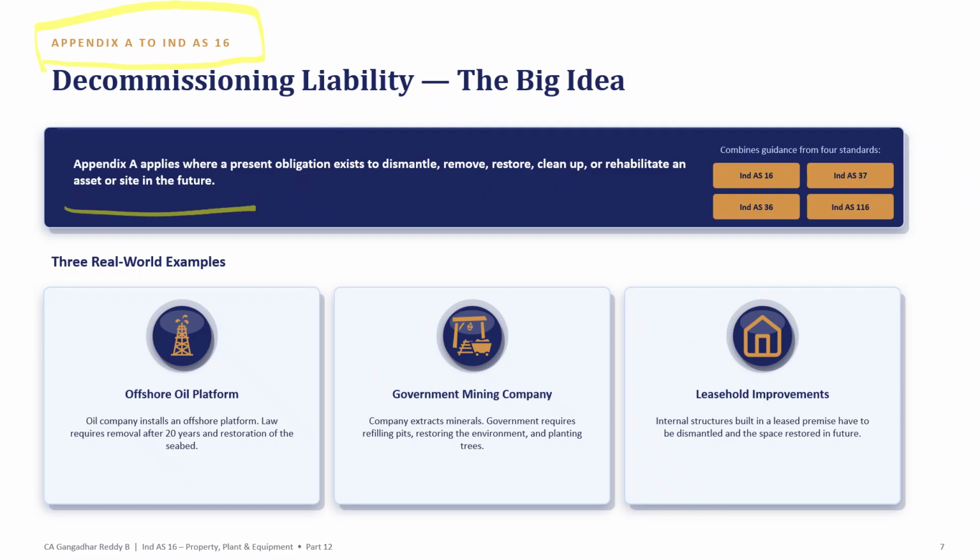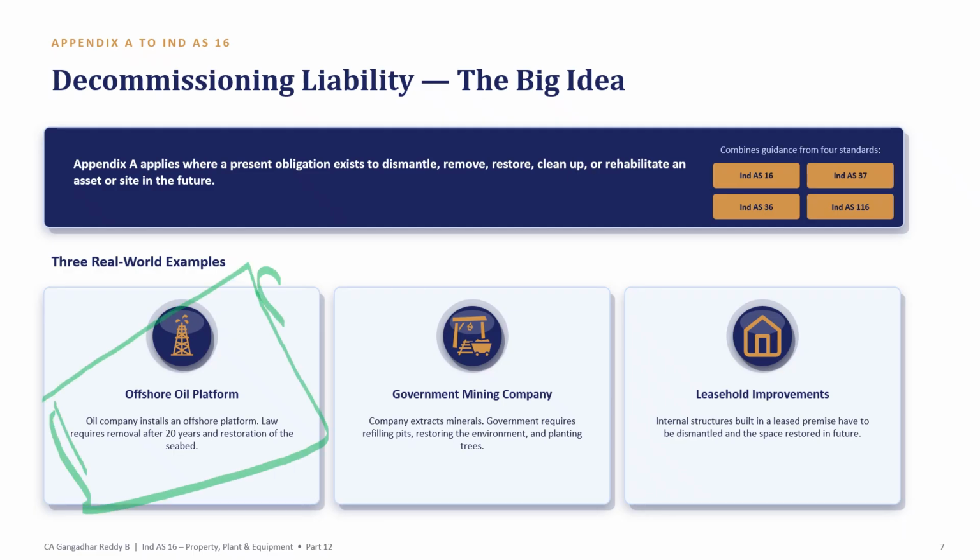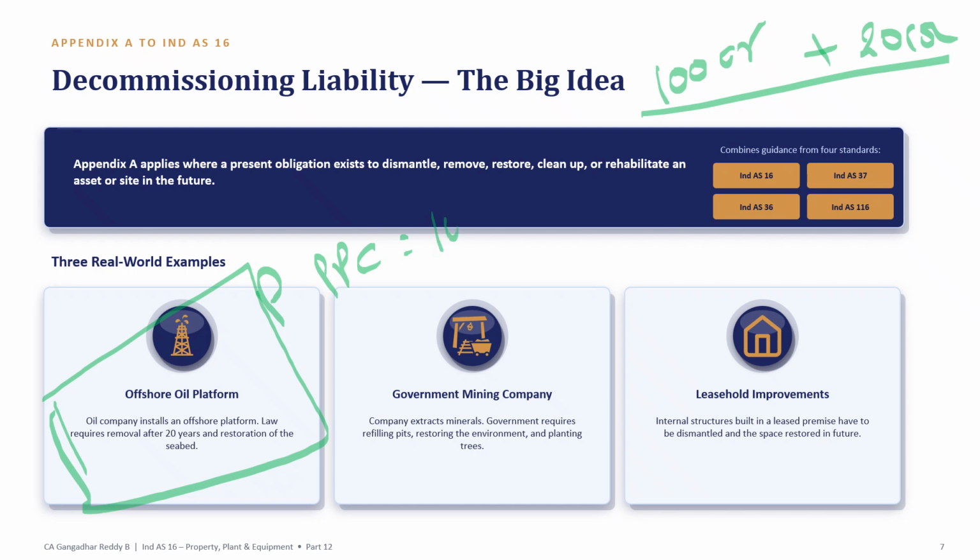So they gave one provision. Suppose today the plant value is 100 crores and the restoration liability is 20 crores in the end. In general we account the PPE as 100 crores plus the restoration liability.